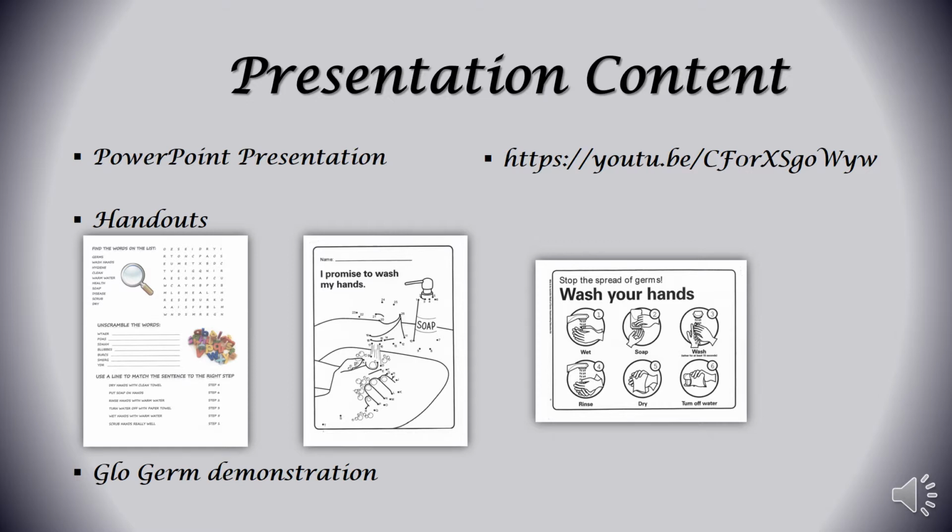After the hand washing steps, we took another look under the black light to see how well they had washed their hands, and they actually did pretty good, and I think this was probably their favorite part of the whole presentation.